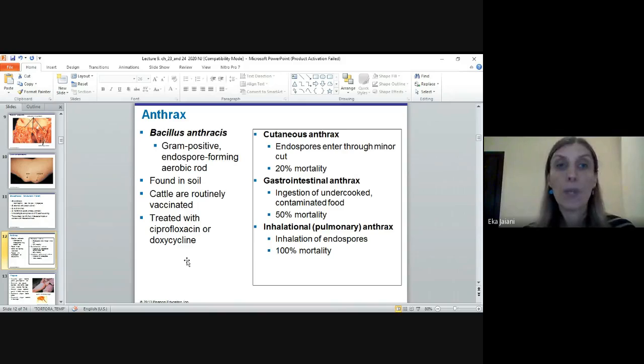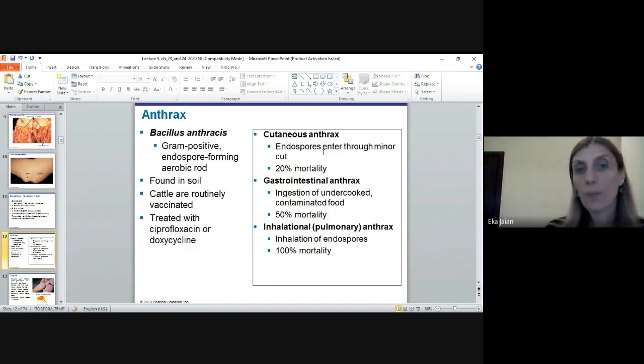It has a high mortality rate, and anthrax is caused by Bacillus anthracis, and it is considered a bioterrorist agent. So as it causes severe disease with high mortality rates, it can be considered a bioterrorist agent.